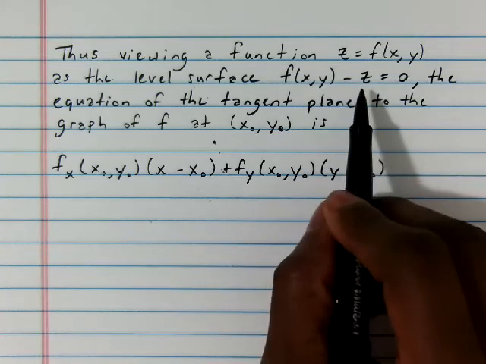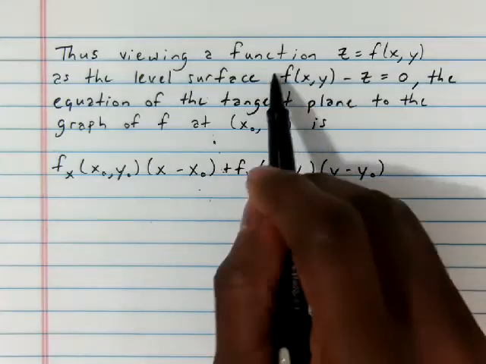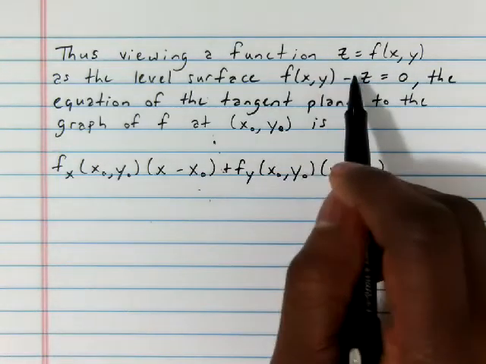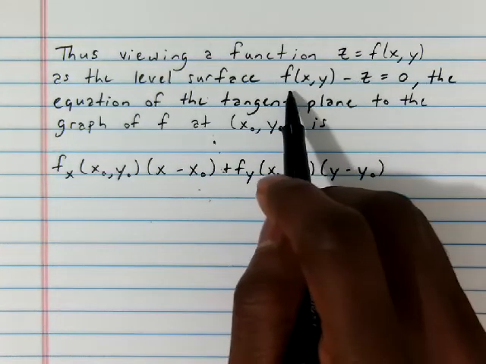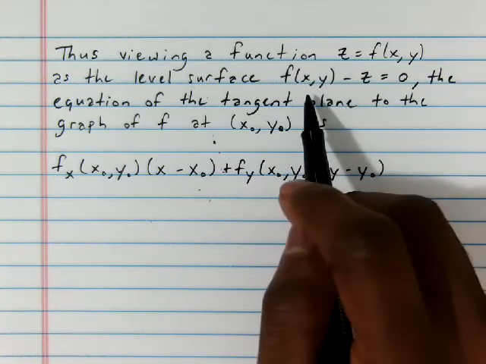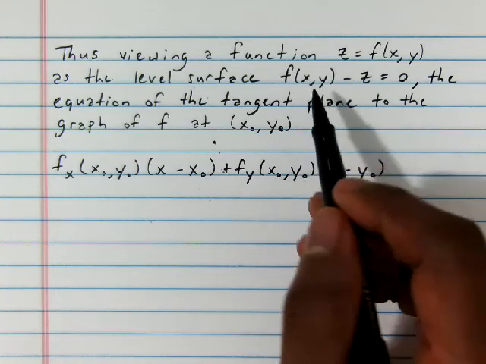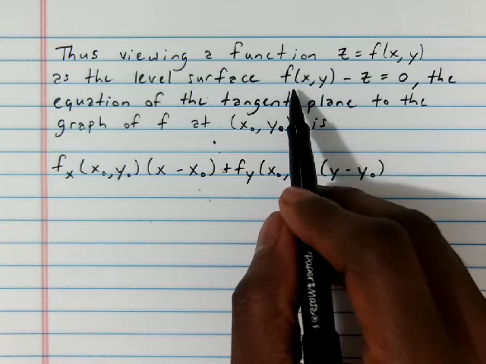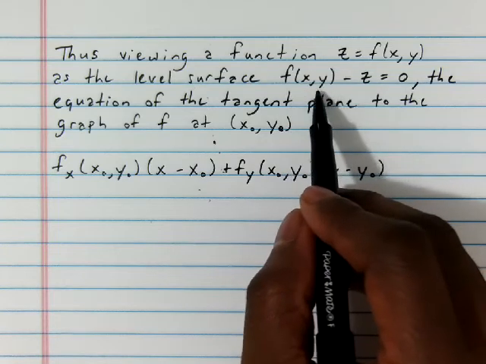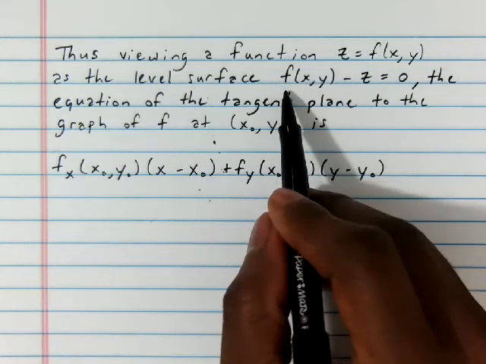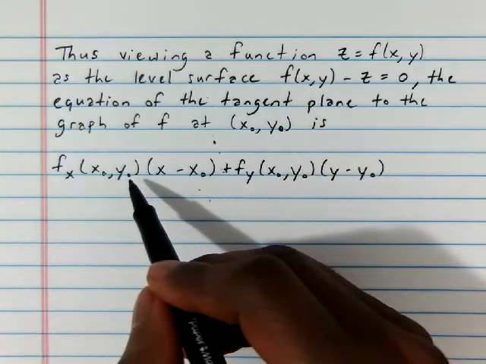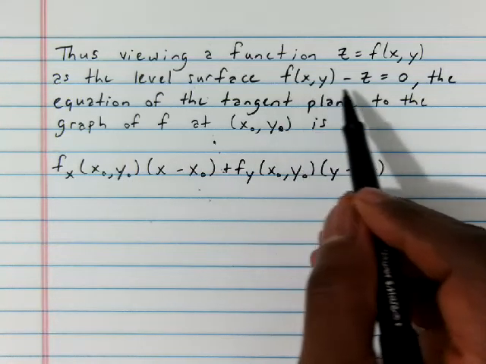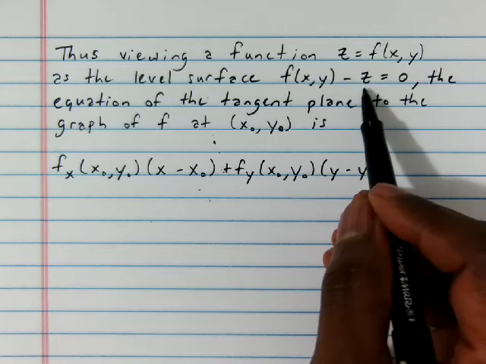The partial, but now we're looking at the partial of this thing. So it's not really the partial of the f. So if we took the partial of this thing with respect to x, we would just get the partial of that part with respect to x. So right here, you could look at this and say, okay, I'm taking the partial of this entire thing with respect to x. That part is going to be 0.